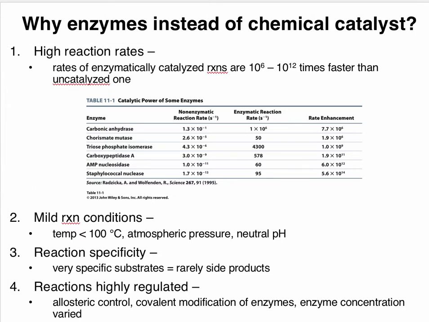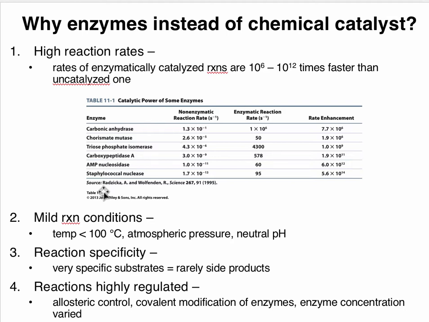But our body, instead of using chemical catalysts, uses enzymes, and we do this for these 4 reasons. The first is that the reaction rates for reactions catalyzed by enzymes are much higher than uncatalyzed. The first thing I'll say is that all the reactions that occur by an enzyme will occur naturally, just at a much, much lower rate.